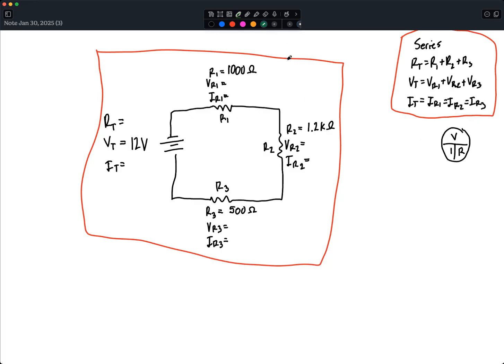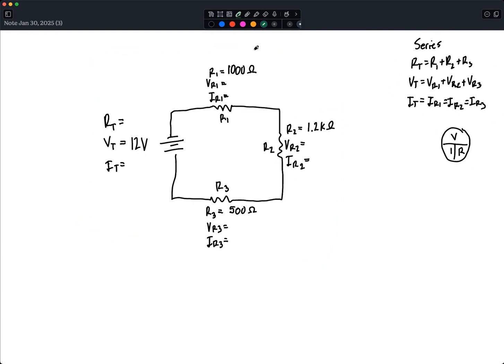If you want to do component level calculations, you're using Ohm's law. If you want to do circuit or system level calculations, you're going to use your rules up here for series. So get rid of those, and let's start.